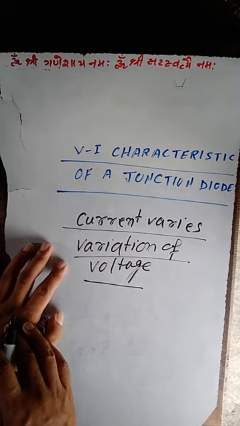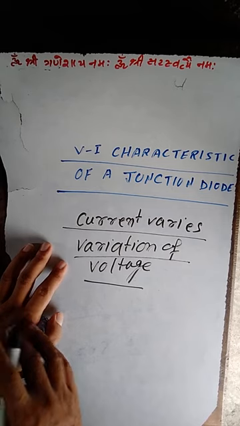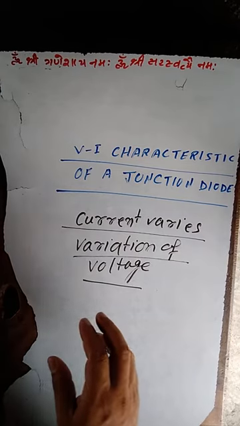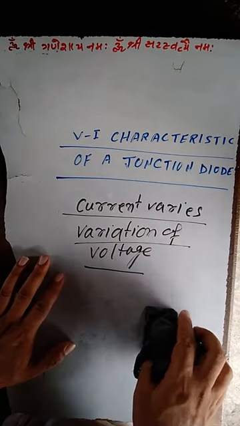We have to check how current varies with the variation of voltage. For this, first we draw the circuit arrangement.